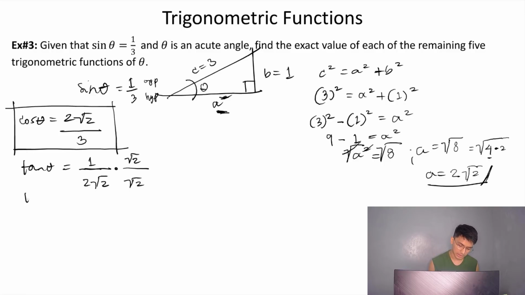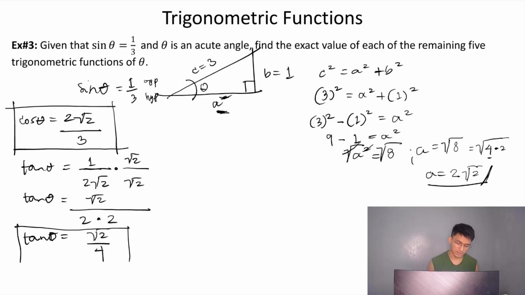So tangent theta is equal to square root of 2 over 2, and square root of 2 times square root of 2, we have 2 na lang. So tangent theta is equal to square root of 2 over 4. Ayan siya.